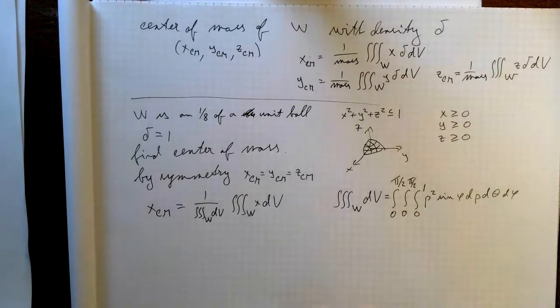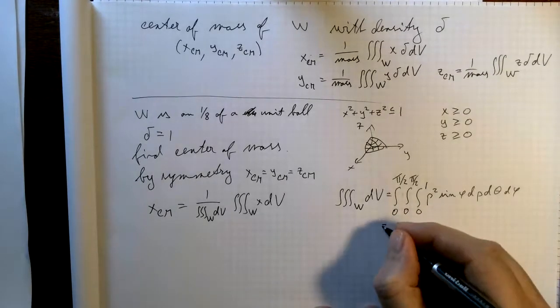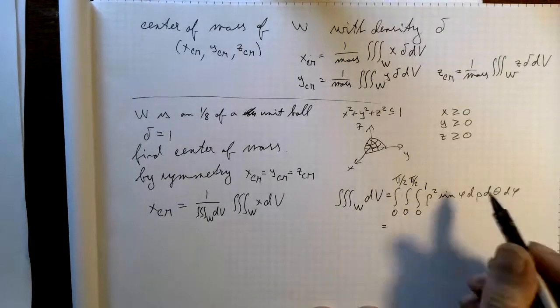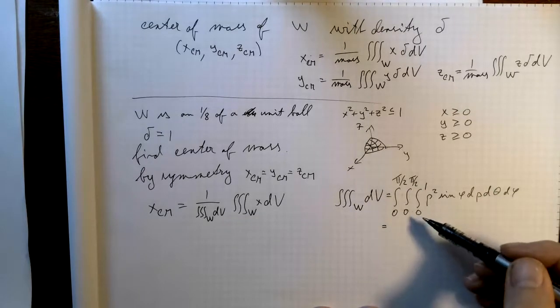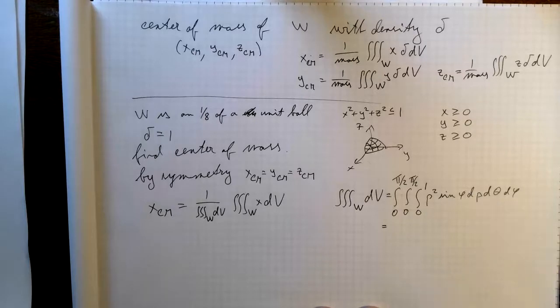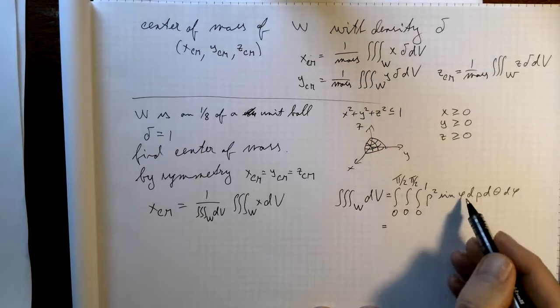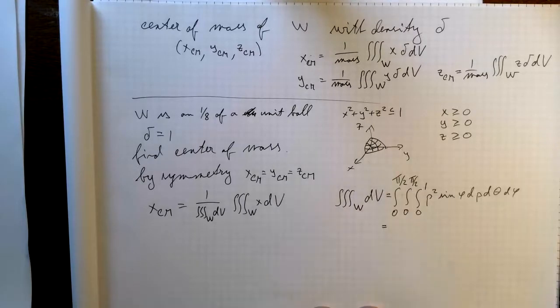Now, we've done a whole bunch of these integrals, so let me just tell you the answer. The integral from 0 to 1 of rho squared d rho is going to be 1/3, and then the integral of phi is going to be pi over 2, and so on.